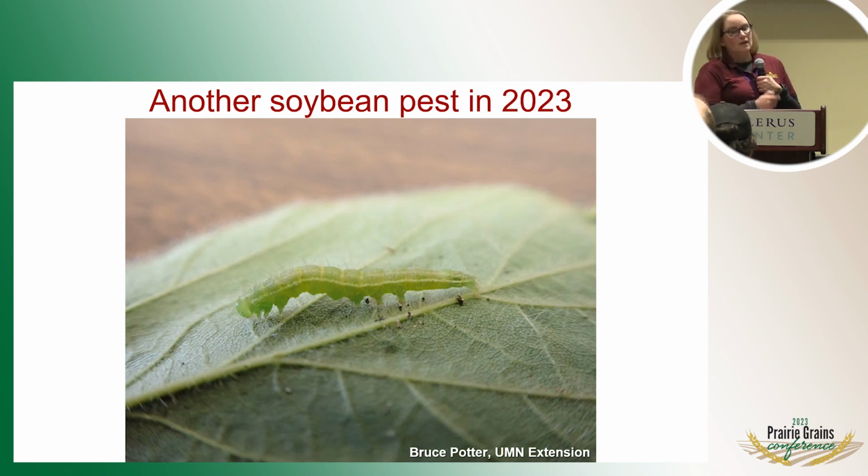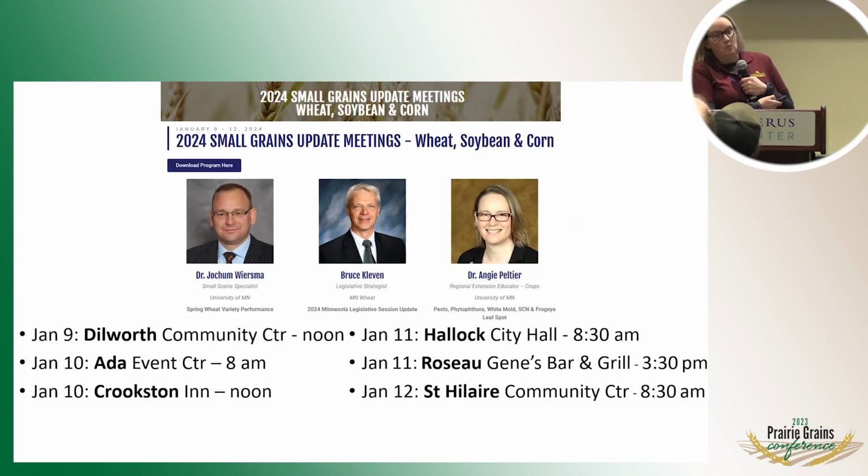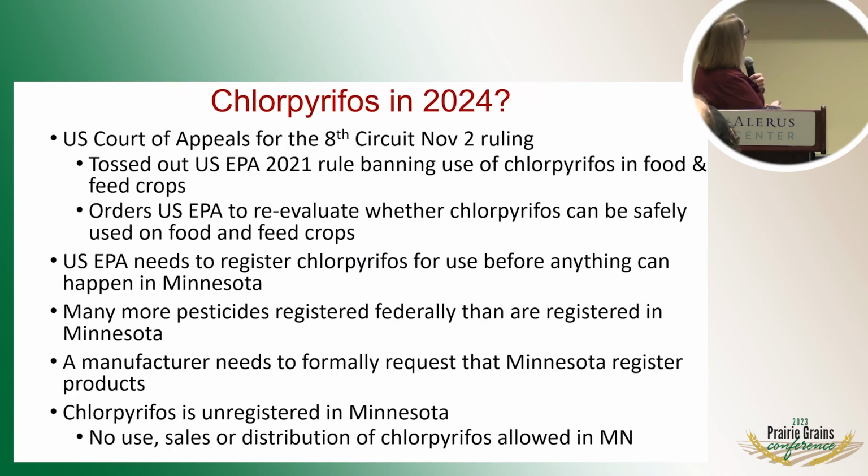One thing to consider, always make sure that the pest is still there, so you actually have something to control. I will have a little bit more time to talk about this at the small grains updates. Those begin January 9th and go through January 12th at locations in northwest Minnesota.